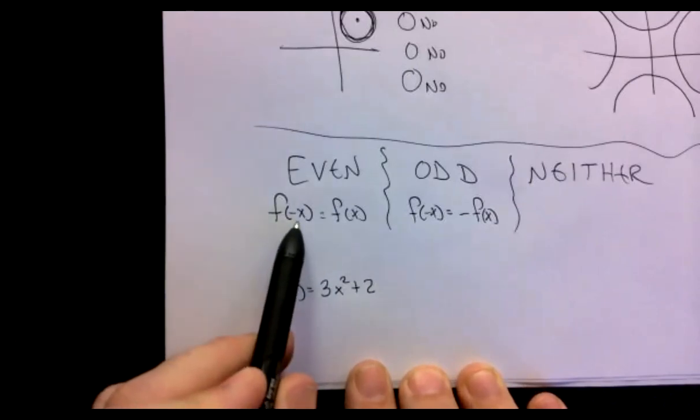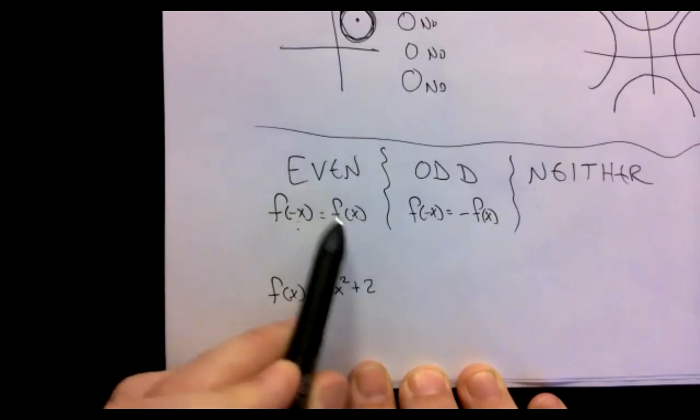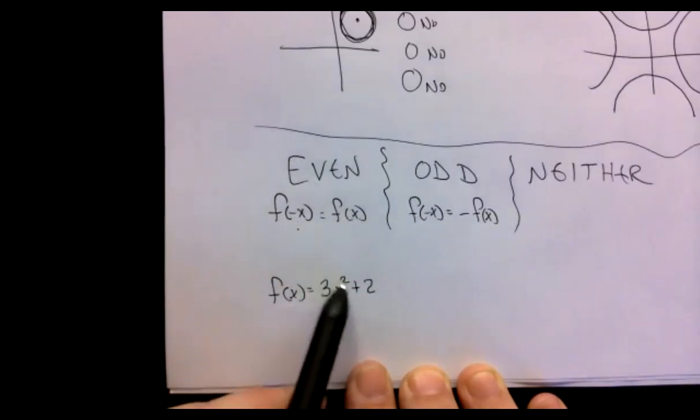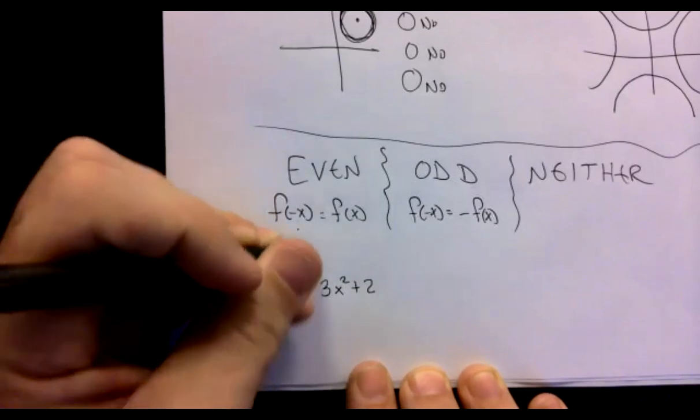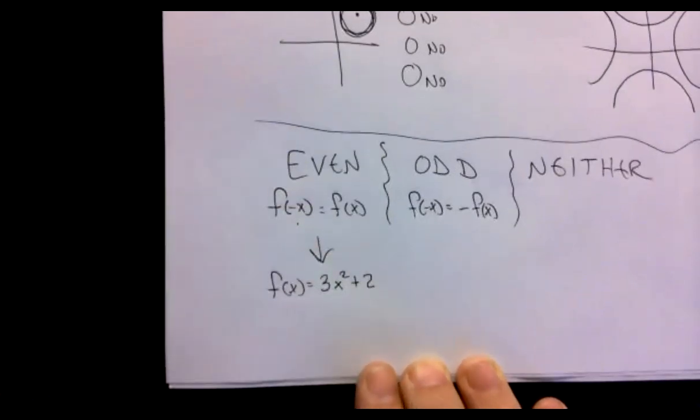And again, the only thing that can take a negative x and basically make it the same is even powers of x or absolute values. So this is an example of an even function.